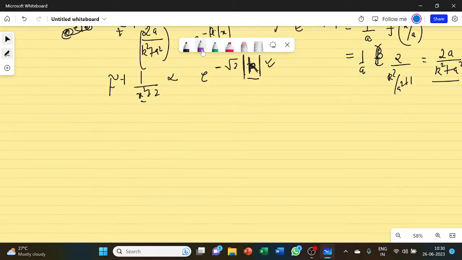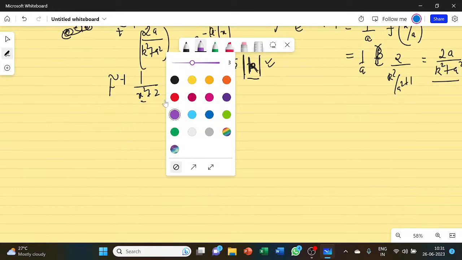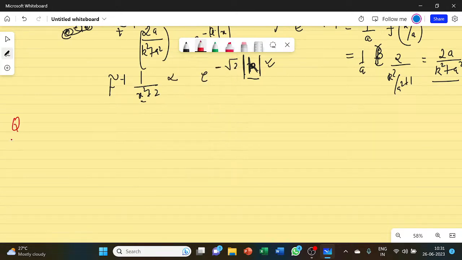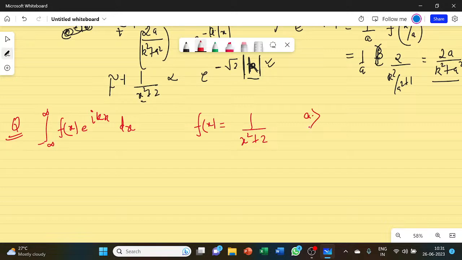The examiner had given you that this is your Fourier transform, and wanted you to find the Fourier transform of 1 upon x square plus 2. And the options that were given to you, option number 1, was root over 2 pi e to the power minus root over.